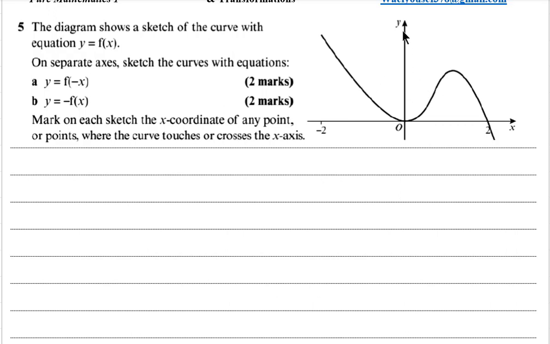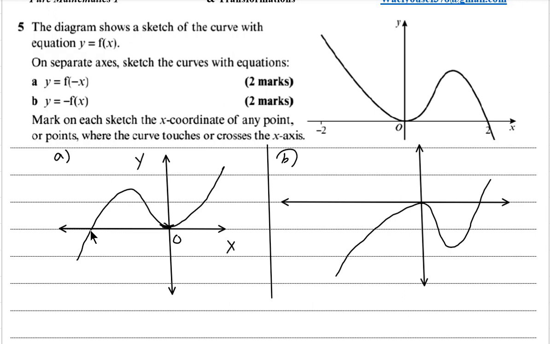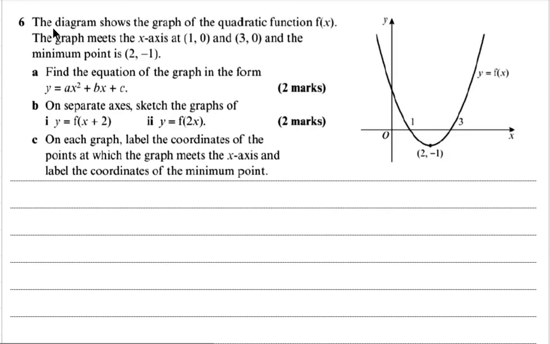Or in other words, we can make a reflection in the y-axis, but in b, we will make a reflection in the x-axis. As the following: in a, this point should be negative 2 and 0. And of course this is 0 and 0, and in b this point will be the same, 2 and 0. Okay, and this is the origin, of course.